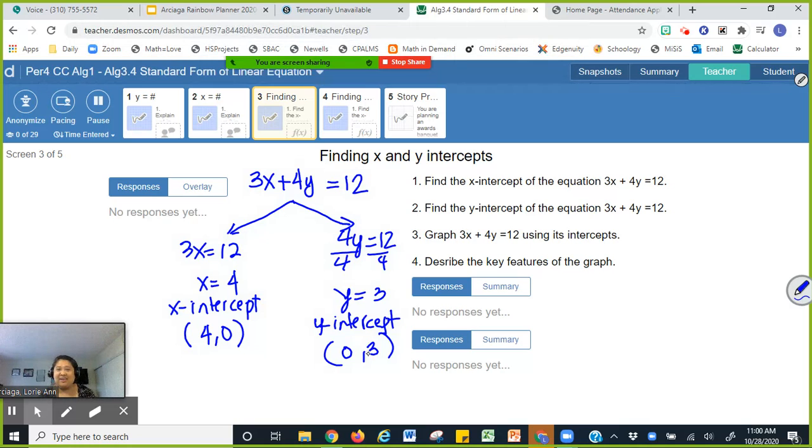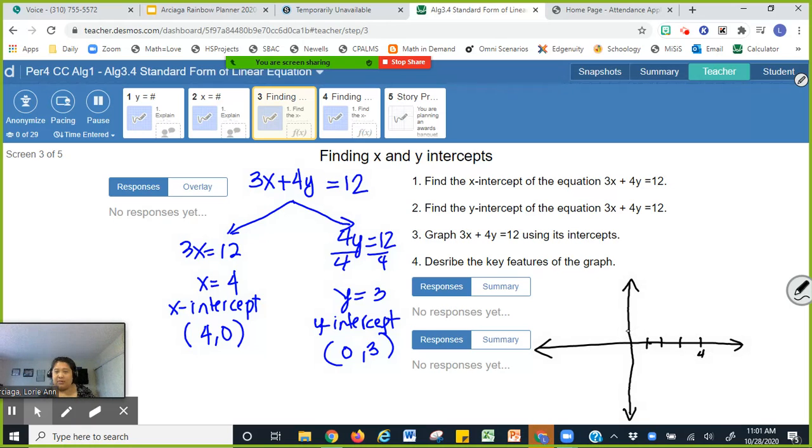All right. Okay, here we go. So we did number 1, we did number 2. Now let's graph it. So let's graph this one. The first one is x is 4. 1, 2, 3, 4.